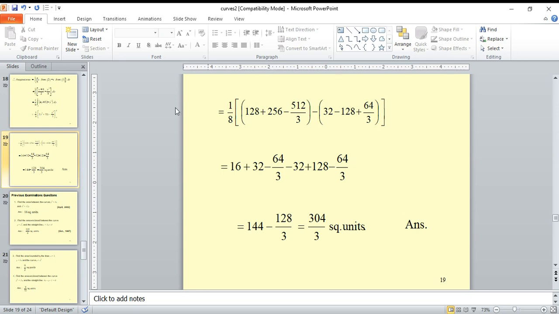This is the wrong answer. So they are not divided yet properly. In that video, I'm confused. But the answer is 52 by 3 square units.